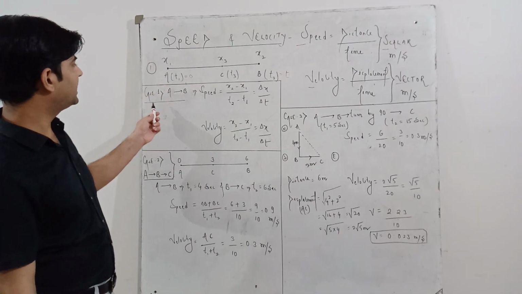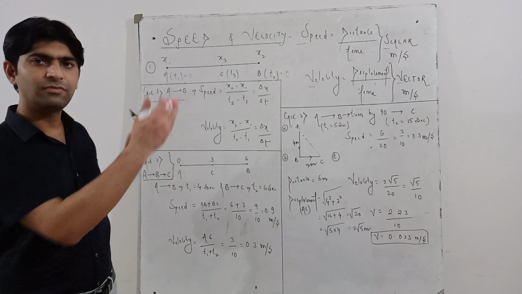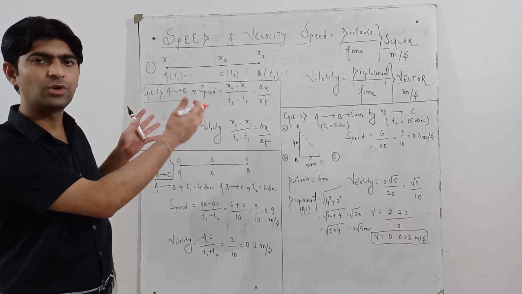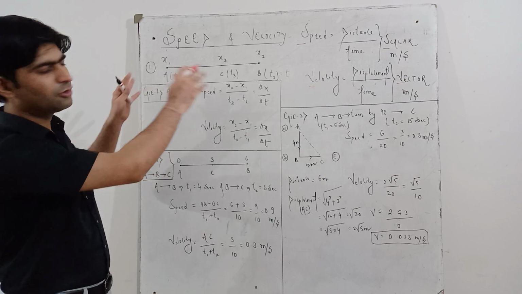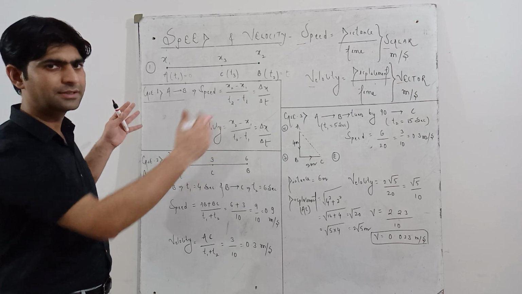So for case number 1, when we are moving from point A to B, we have to find what will be the speed and what will be the velocity. I have not taken numerical values in the first case; we will take them in the second, third and fourth cases.